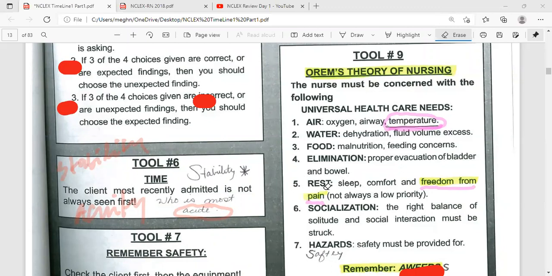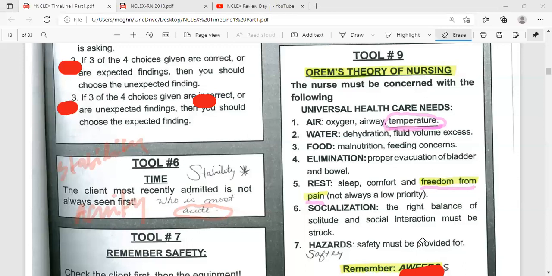Also, after all of this, we need rest, enough sleep, comfort, and freedom from pain. For socialization, the right balance of solitude and social interaction is needed. And finally, hazard: safety must be provided.